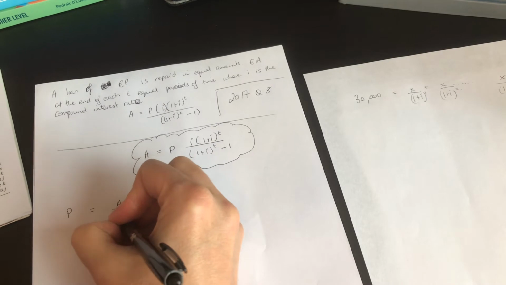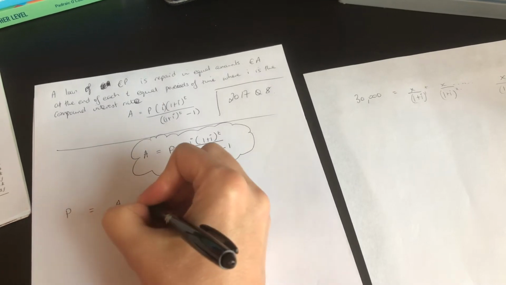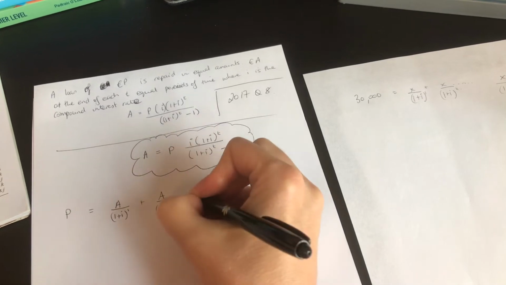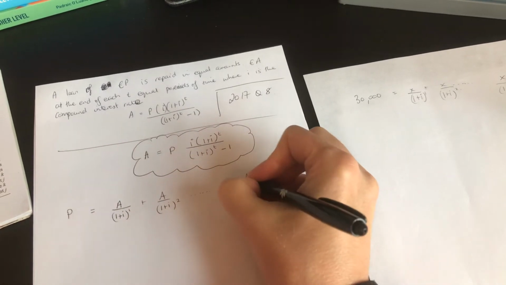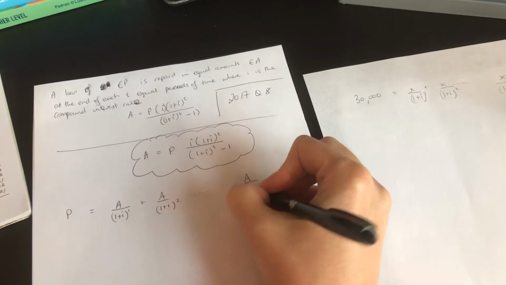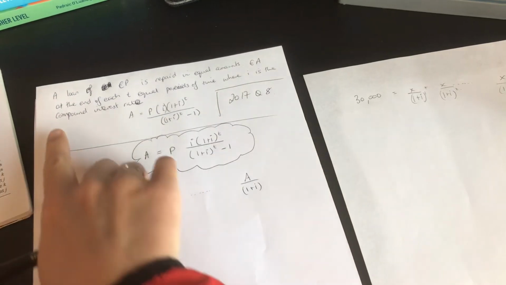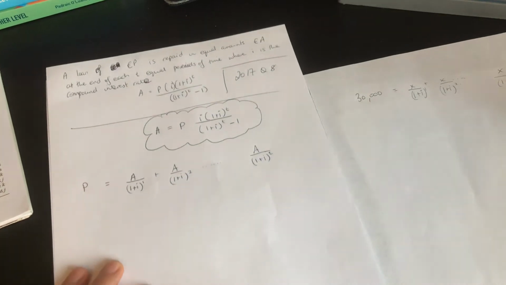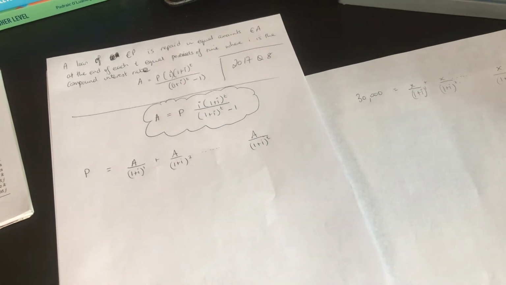So that's 1 plus I to the power 1, and so on, to the power of time, which is T for them. And this is my very first line. Hopefully you feel happy enough creating that.